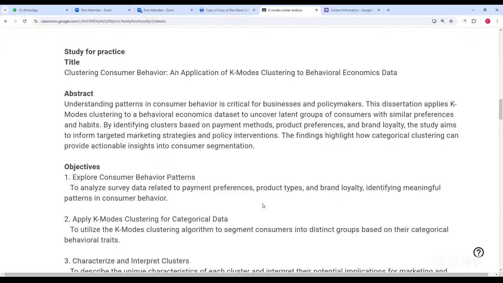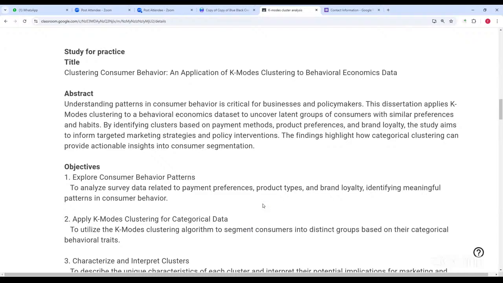This dissertation applies K modes clustering to a behavioral economics dataset to uncover latent groups of consumers with similar preferences and habits.